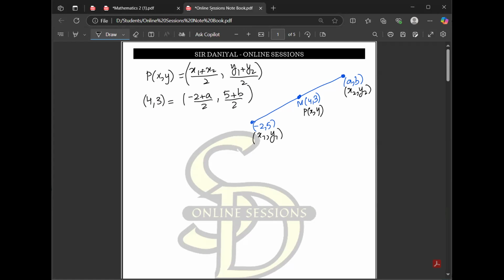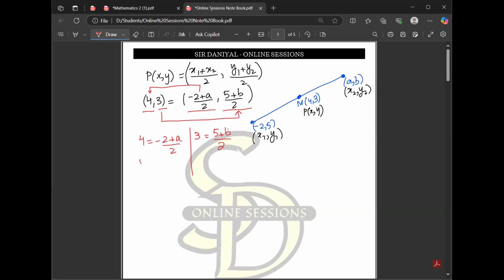Now, in order to find the values of a and b, we have to compare the coordinates. This is the x coordinate and this is the y coordinate. So x will be compared with x and y will be compared with y. So 4 equals negative 2 plus a over 2 and 3 equals 5 plus b over 2.